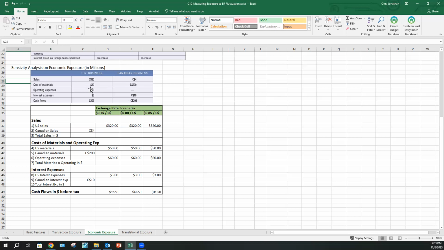Operating expenses. This business is done domestically in the United States, but they import their raw materials and complete their product, and then part of it, just 4 million Canadian dollars, is exported to Canada, but the majority is sold in the US.